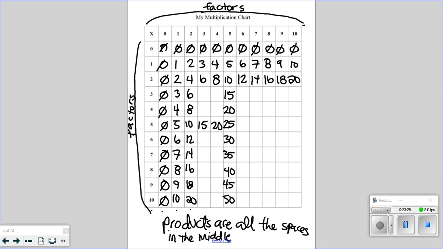Yep, we already had that one written down. 6 groups of 5? 7 groups of 5? 8 groups of 5? 9 groups of 5? 10 groups of 5?